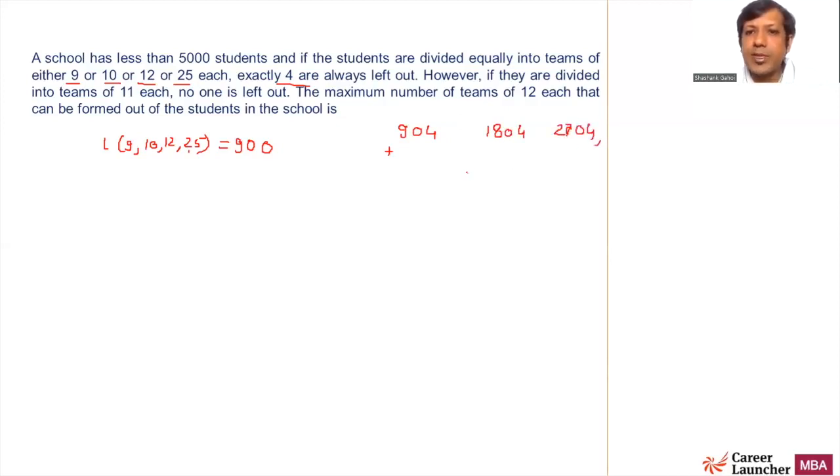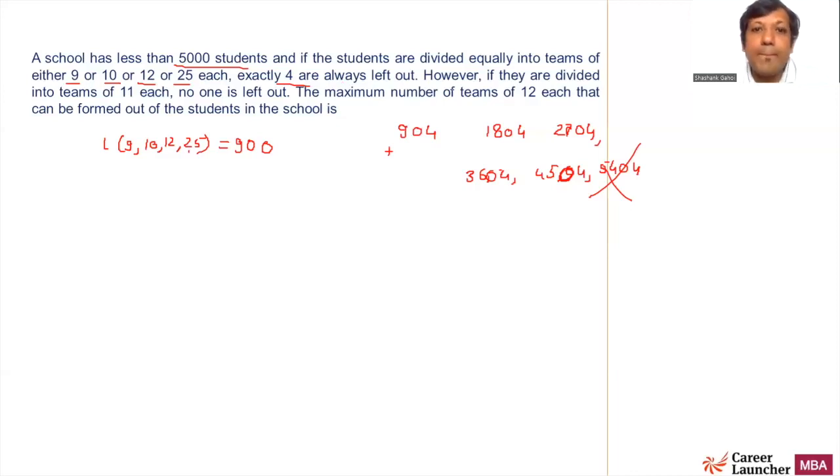Then the next value is 3604. Then the next value is 4504. Next value comes out to be 5404. This value and any value greater than this is not accepted, because the question is saying the number of students is less than 5,000. So we cannot go beyond 4,504. The largest value is going to be this.